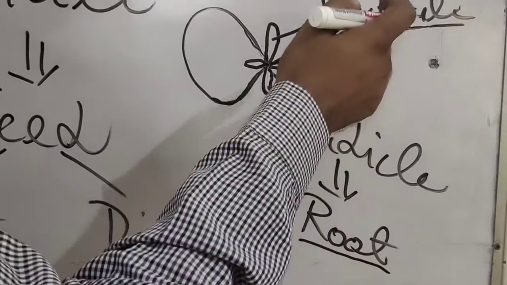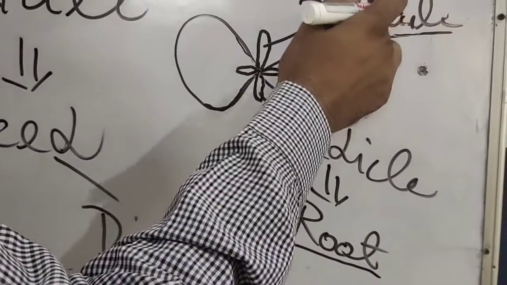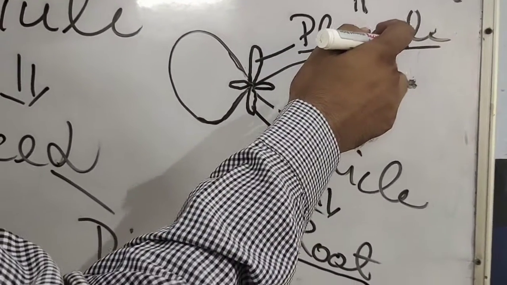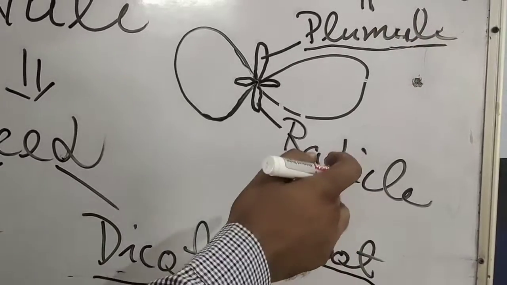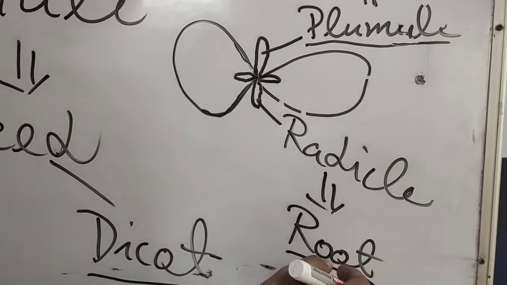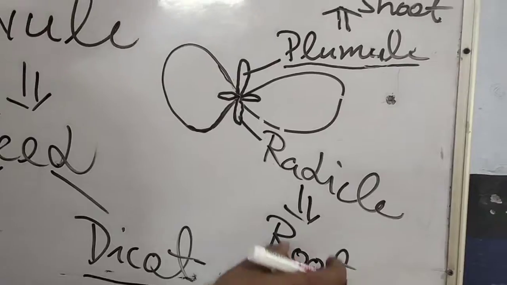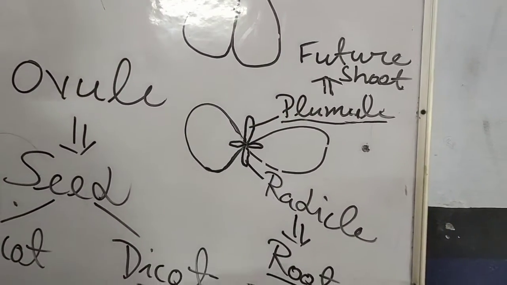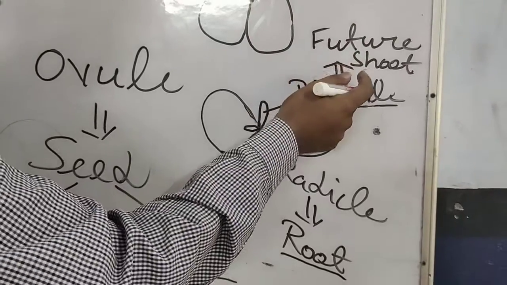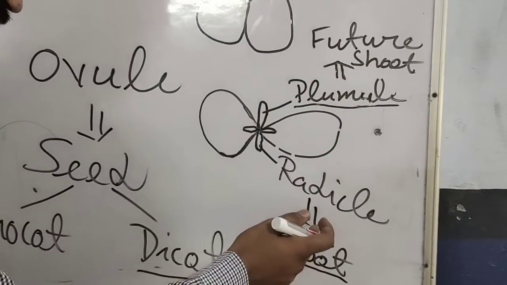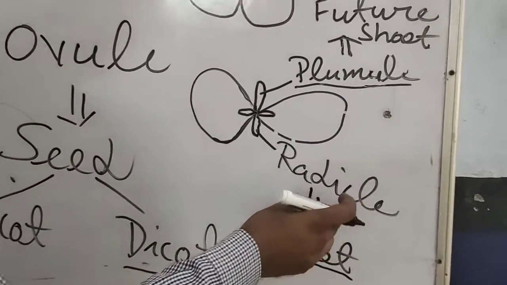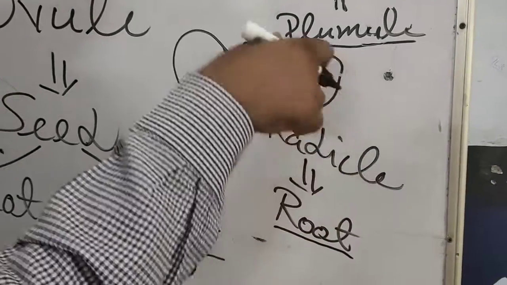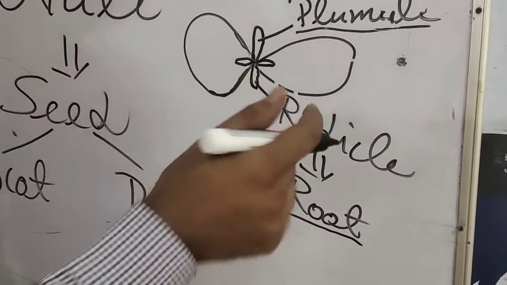Now the plumule has positive phototropism and the radicle has positive geotropism. It has positive phototropism, that's why it develops towards the sunlight, and it has geotropism, that's why it develops towards the ground.